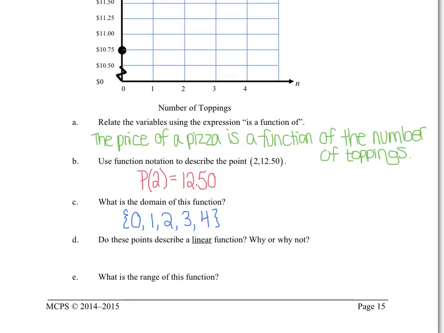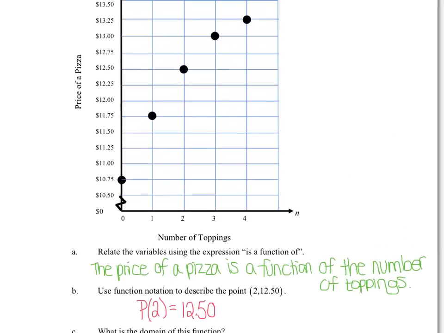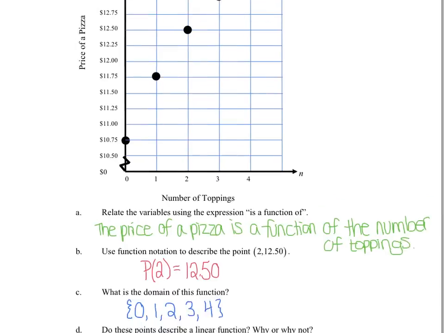Next question. Do these points describe a linear function? Why or why not? Well, if we look at this graph, we can see that we're going up by $1, then we're going up by 75 cents, 50 cents, 25 cents.